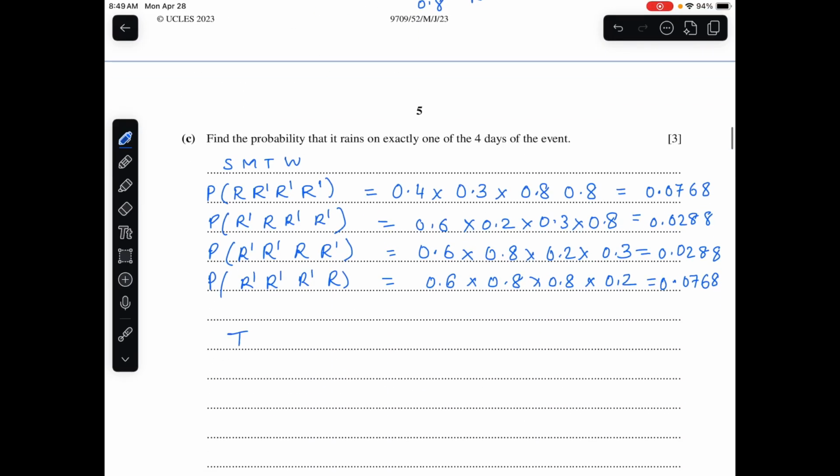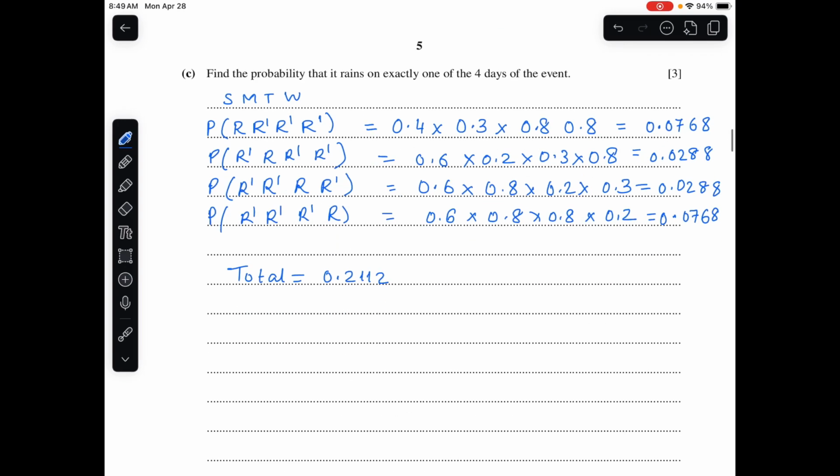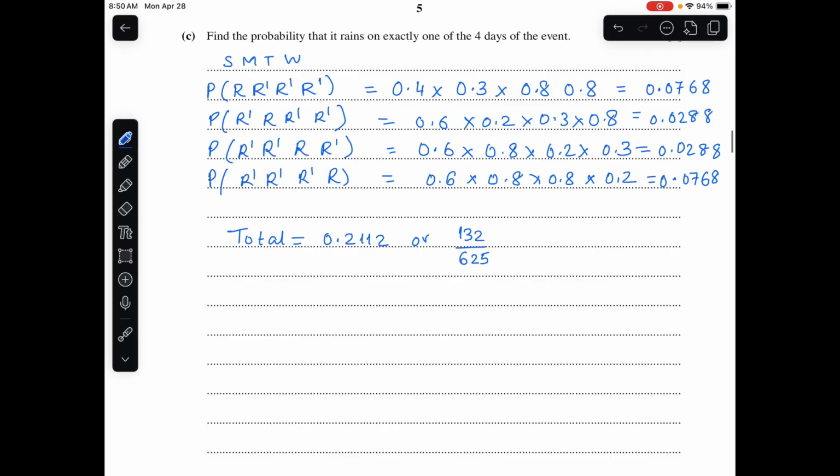So the total, you add them up, that gives you 0.2112. Yeah, with probabilities, it's a good idea to leave them as a fraction, because if you're not sure about rounding, you can leave them as a fraction in simplest form, or unsimplified is also acceptable.